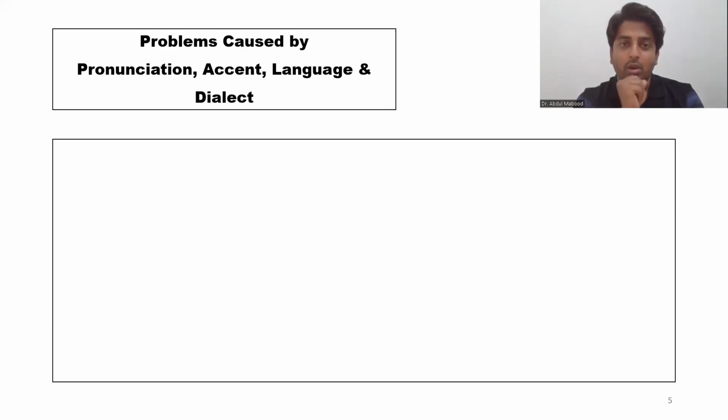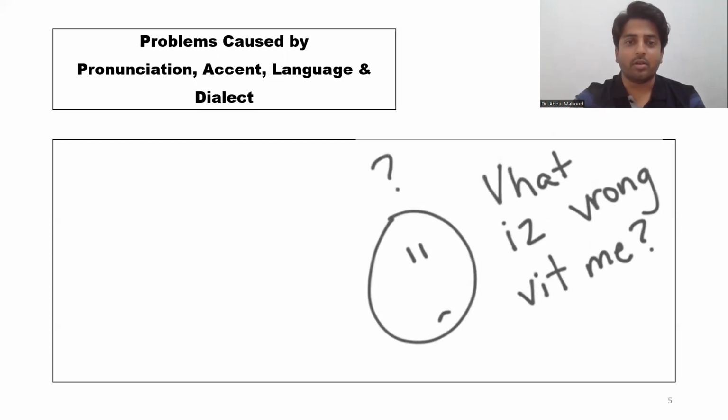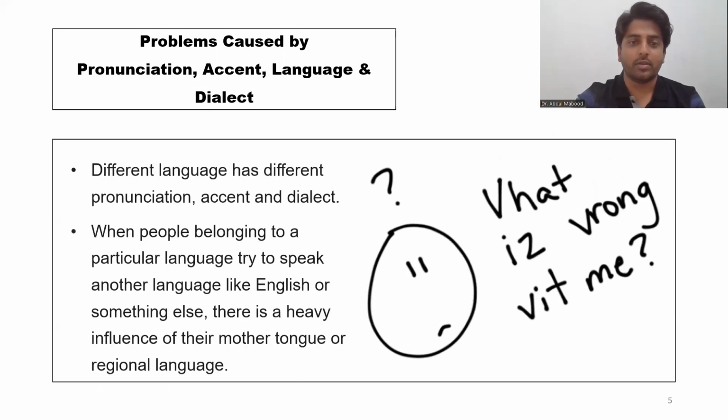And when people from a different language try to speak each other's language, there is a heavy influence of their mother tongue or regional language, fine.